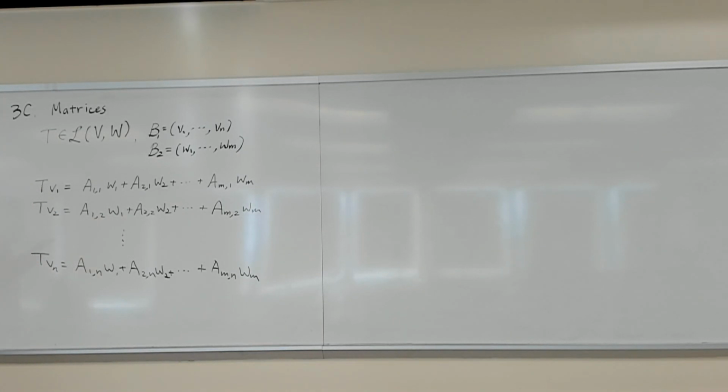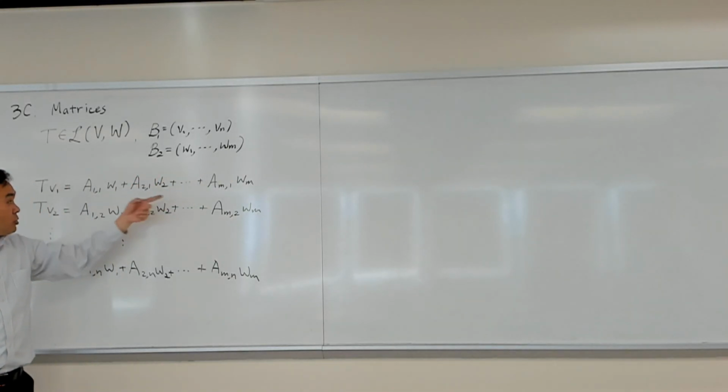Now, writing down such a system of equations is always possible because T is a linear map from V to W. Since V1 through Vn are vectors in V, of course, TV1, TV2, until TVn will each be a vector in W. And since W1 through Wm is a basis for W, this can always be represented as some linear combination of basis 2, W1 through Wm.